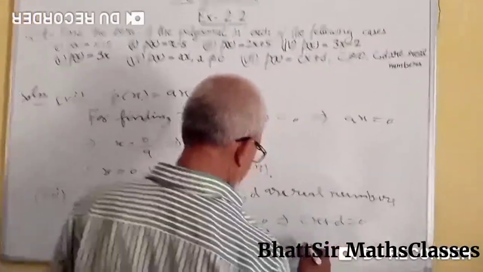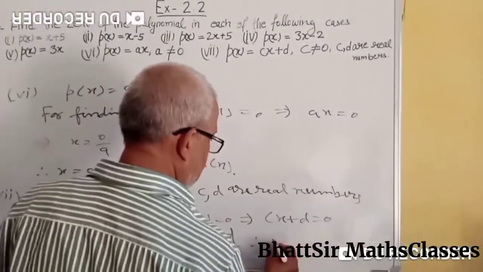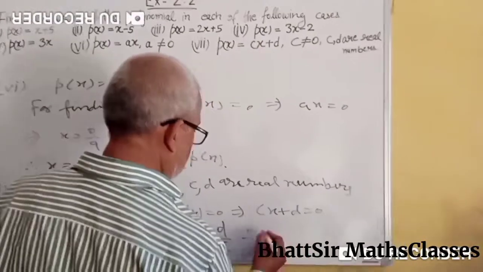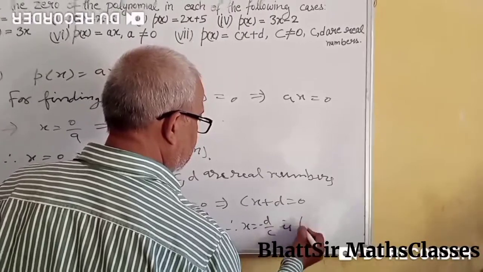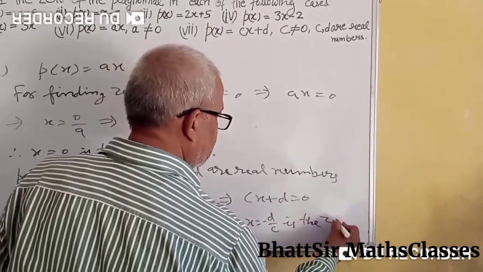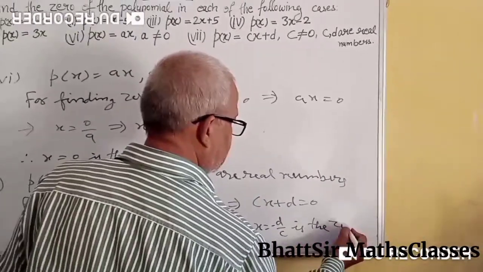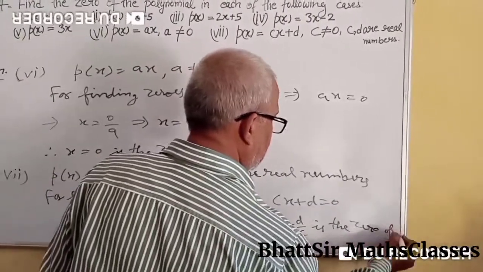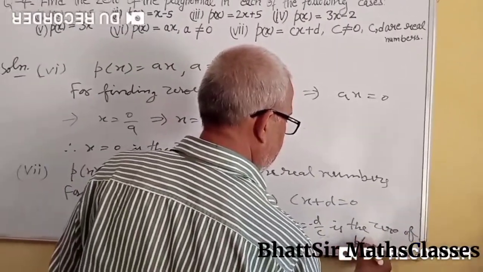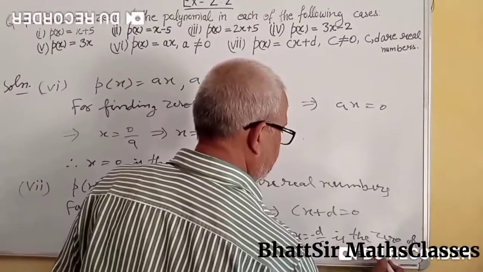Therefore, x equal to minus d upon c is the zero of P(x).